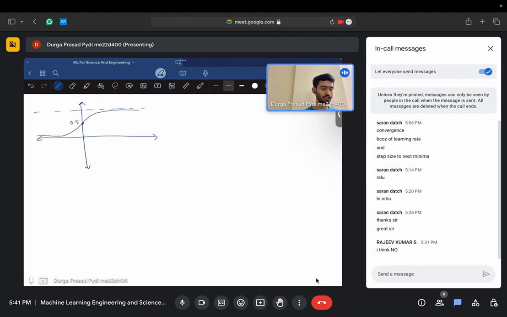So what are we doing in a neural network? This is sigmoid of x. What we are trying to do is vary the sigmoid function somehow and get the function y equal to x square in the limit x equal to 0 to 1.